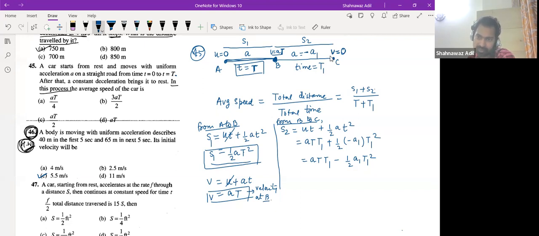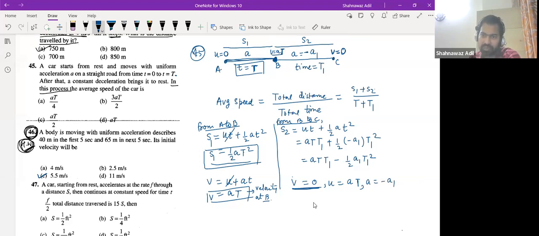Let me tell you guys. The final velocity is 0 at this point. Am I correct, guys? Final velocity is 0, U is AT, and acceleration is minus A1.